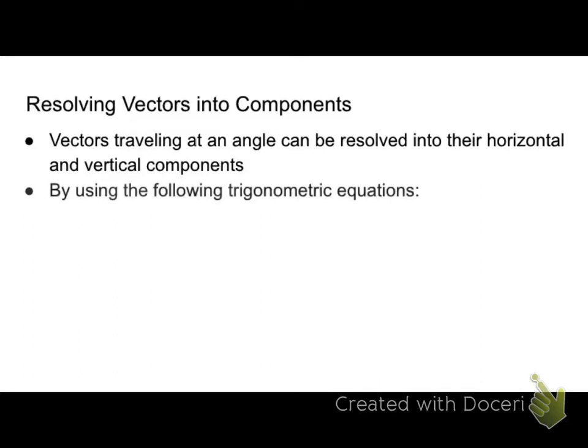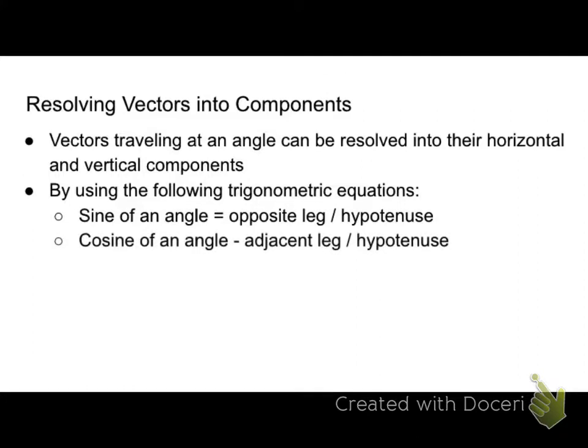We can solve for them using sine and cosine. The sine of an angle is equal to the opposite leg divided by the hypotenuse, and the cosine of an angle is equal to the adjacent leg divided by the hypotenuse. So using those two equations, we can then solve for the components of that vector.